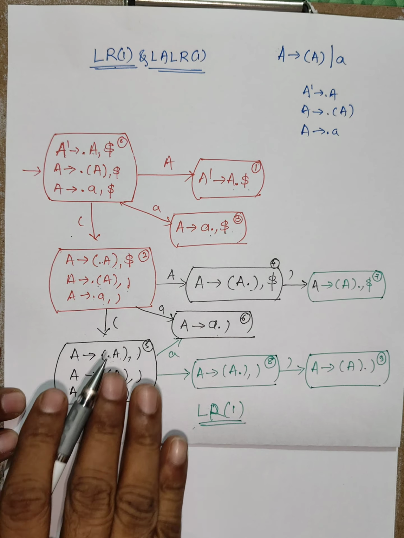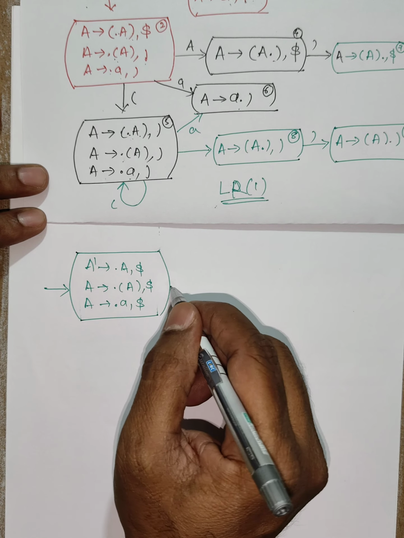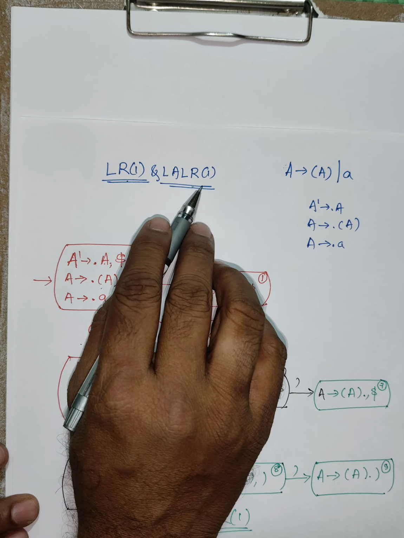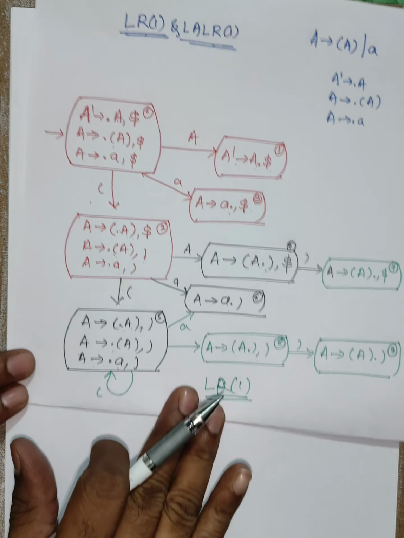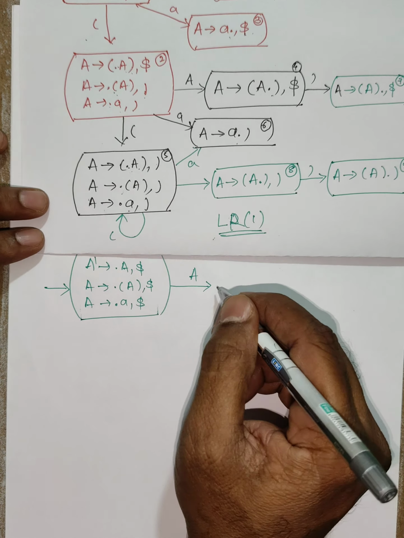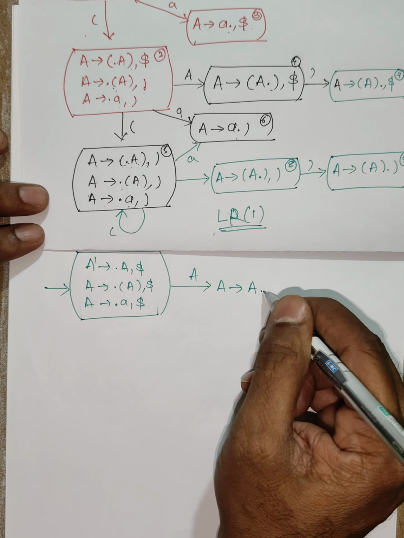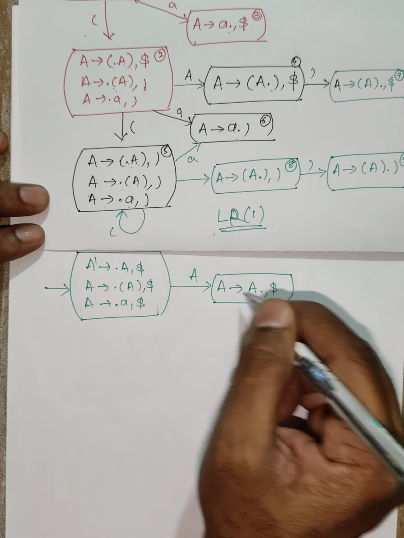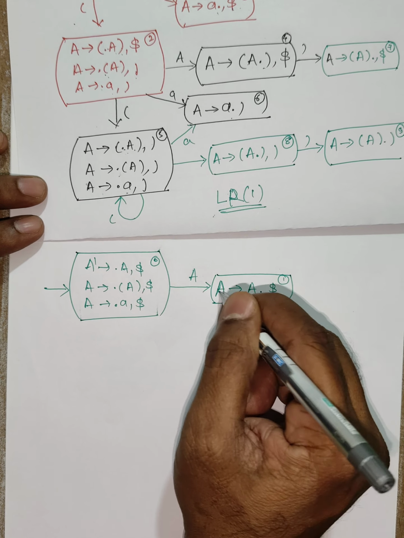This is first state. Then transaction on A, same. If you want to construct LALR1, first you have to construct LR1, then you can merge these two. Means that is LALR1. A dot, then carry lookup is dollar. This is 0, then 1.